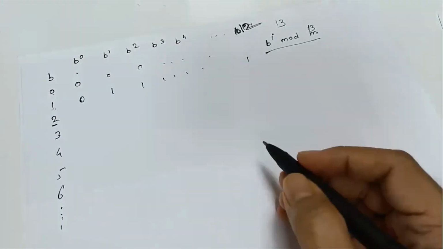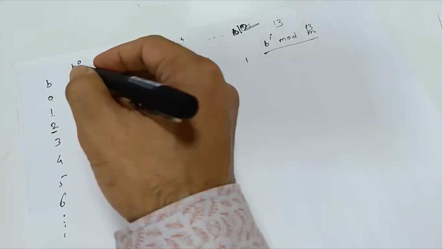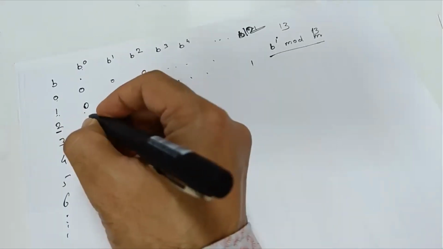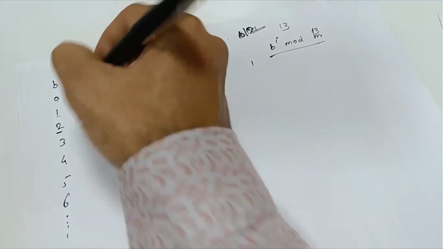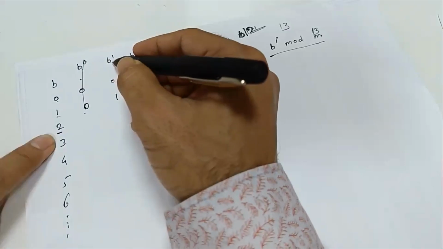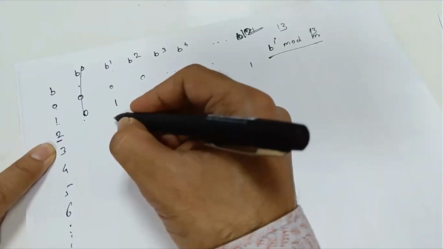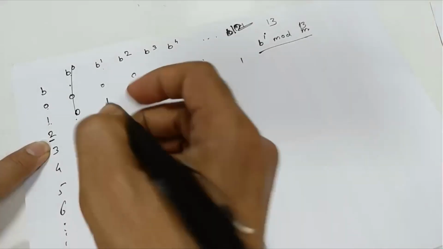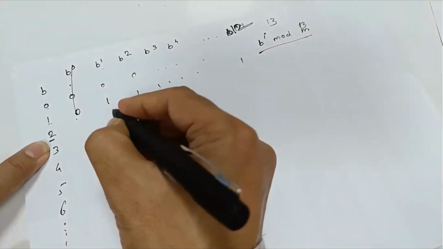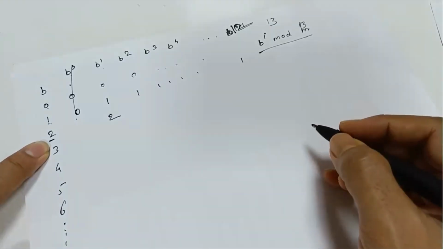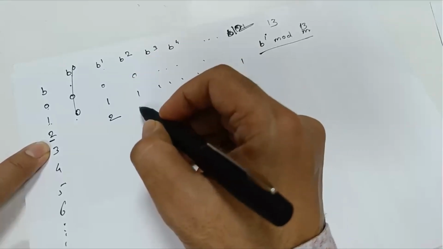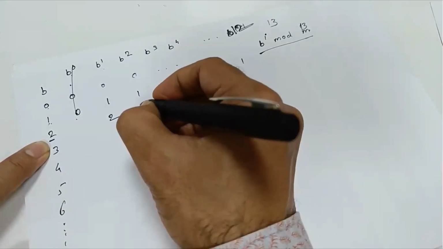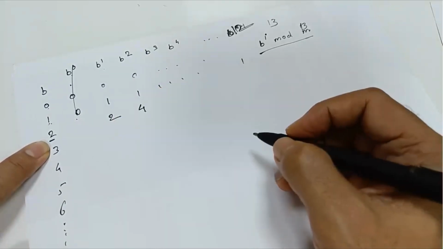For 2, b raised to 0, let us forget about this. b raised to 1 is 2 mod 13, it will be 2. 2 raised to 2 mod 13 will be 4.